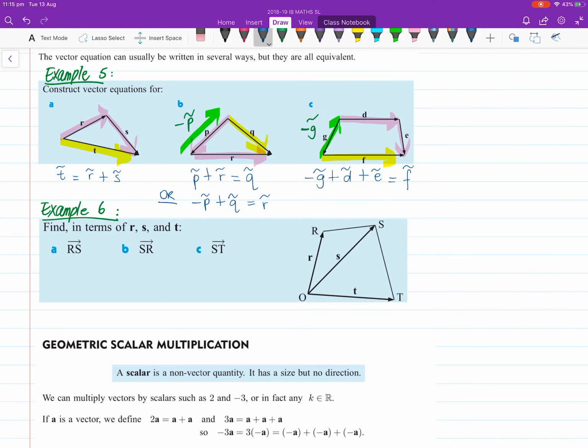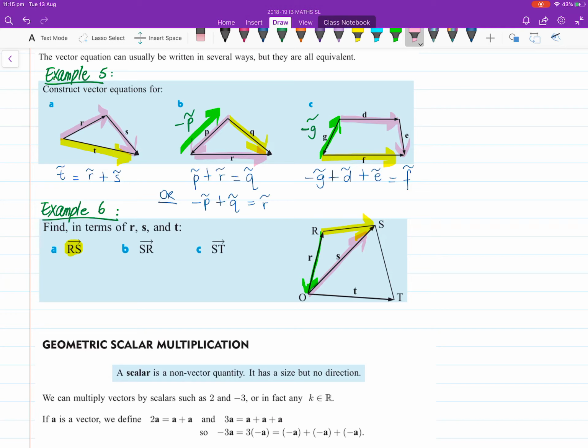Example 6, it says find in terms of R, S, and T. So vector RS, make sure you read the order. See how that says RS? So you have to go from R to S like that. So what could I use to express that? I would say it would have to start with going this way, plus that way, the pink one, the green there plus the pink.